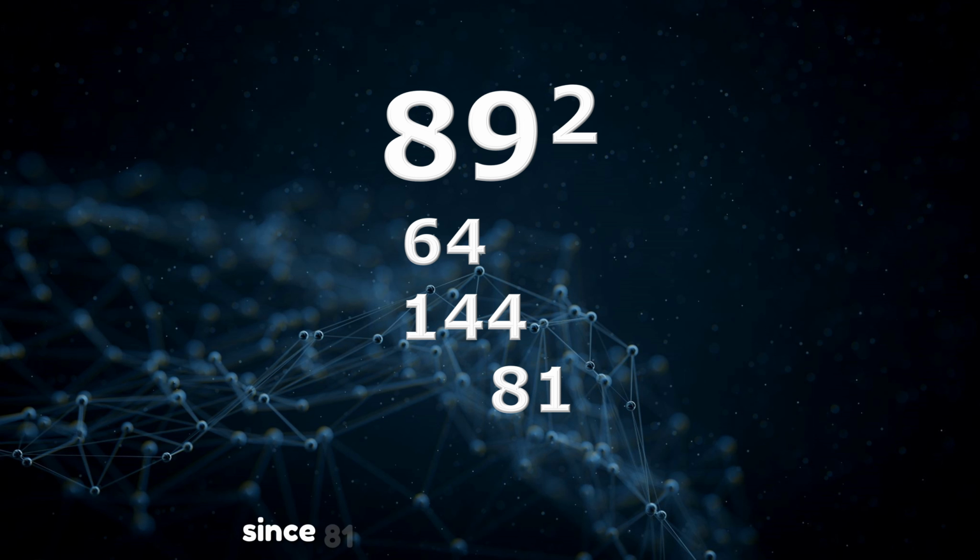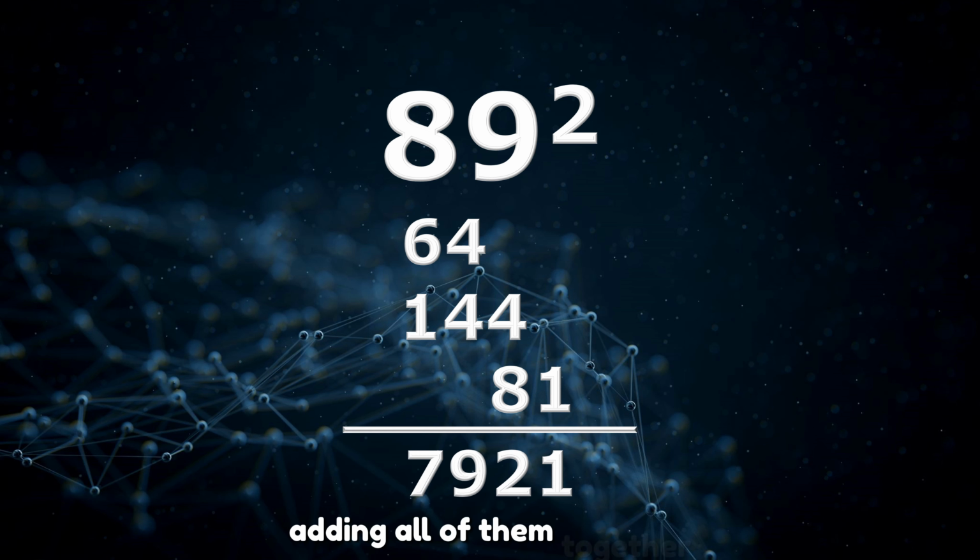Since 81 is also a two-digit number, we add 8 to the preceding position. Adding all of them together, we get 7921, and that is the square of 89.